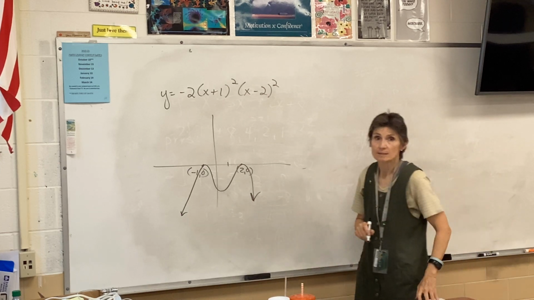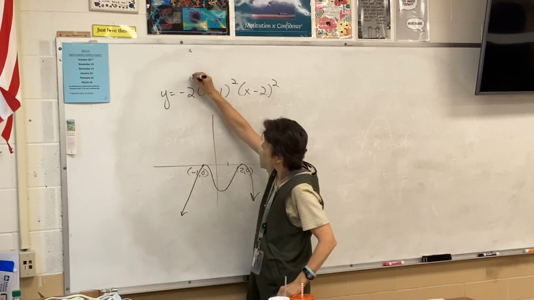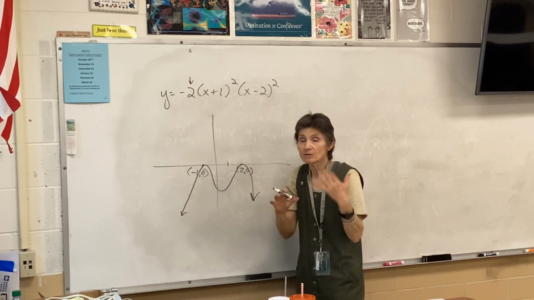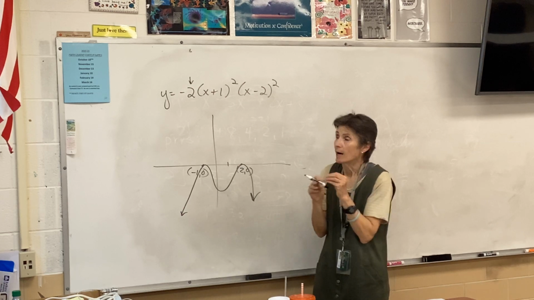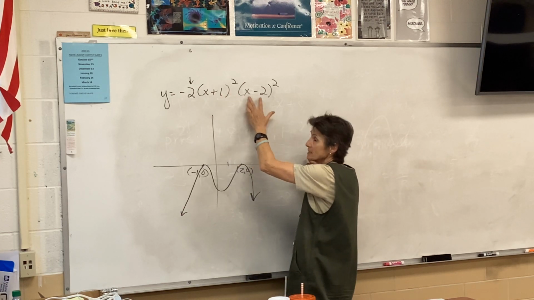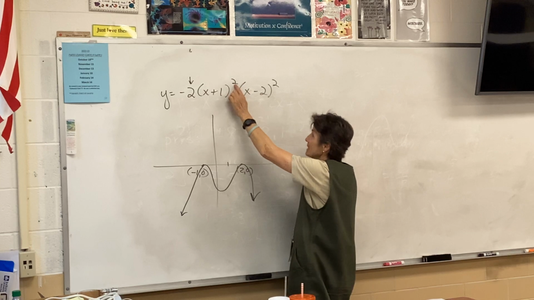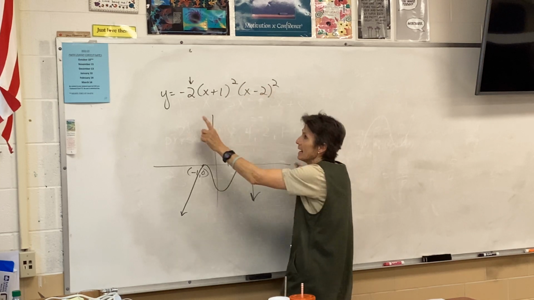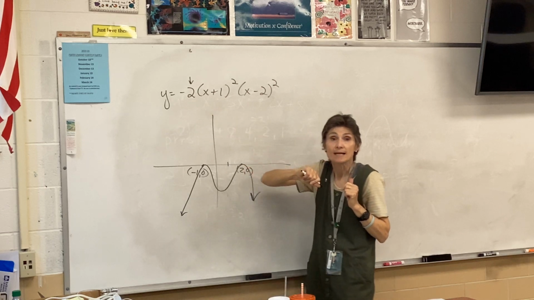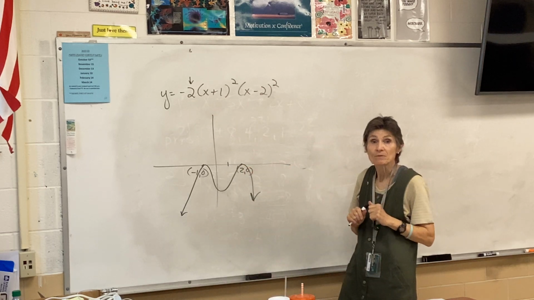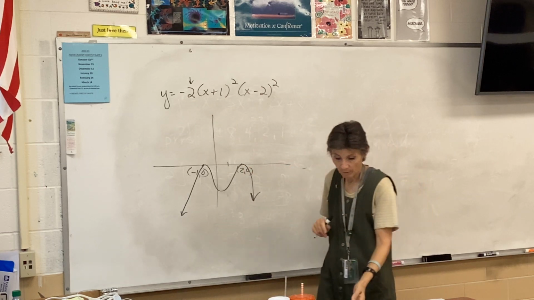Now notice, this 2 right here had nothing to do with my sketch. I'm not worried about that 2. I need to pay attention to my parentheses, I need to pay attention to my powers, and I need to pay attention to that sign right there. It's negative, so that turned it upside down from what it normally would have been.